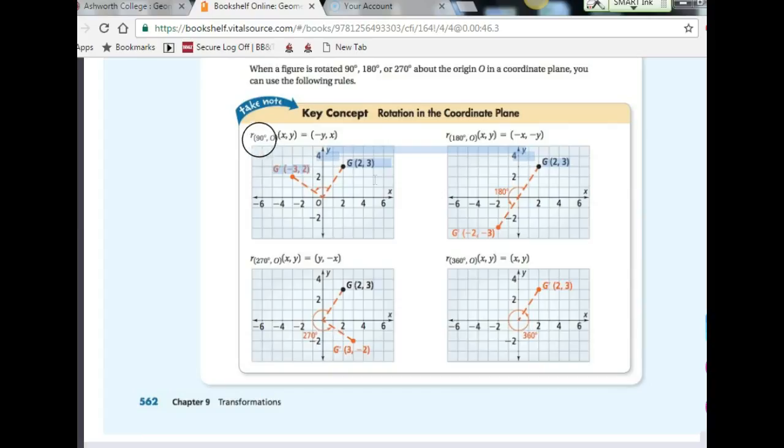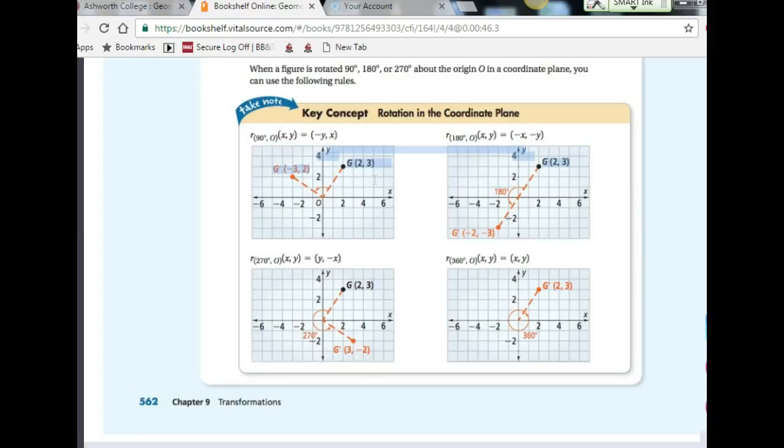If you're going to rotate something 90 degrees, again, we always talk about counterclockwise, what if your original value was x comma y, which is your x coordinate and your y coordinate? Once it's rotated 90 degrees, your x and your y are going to switch, and then your y value is going to become negative.